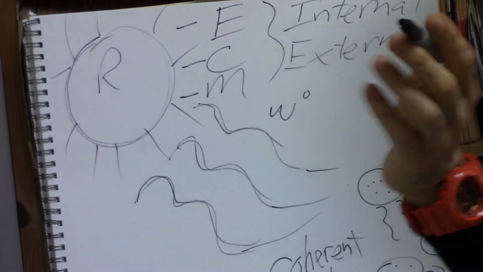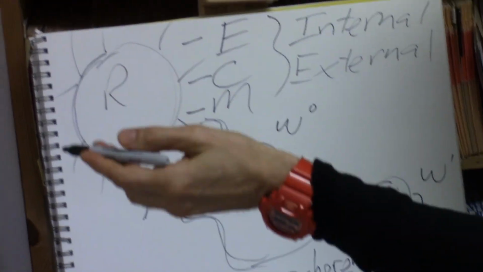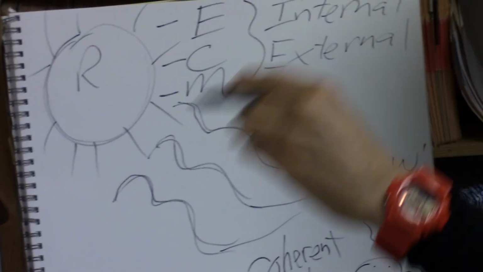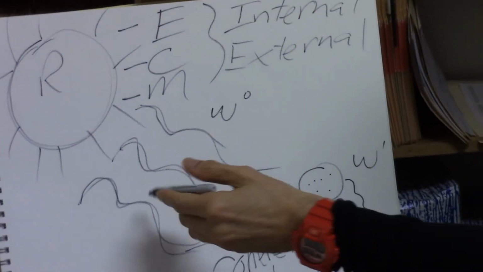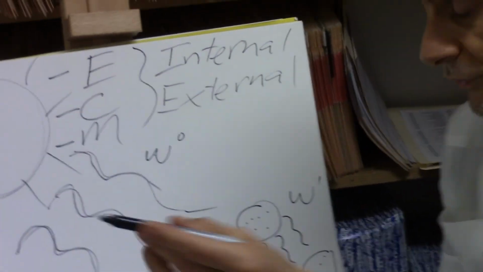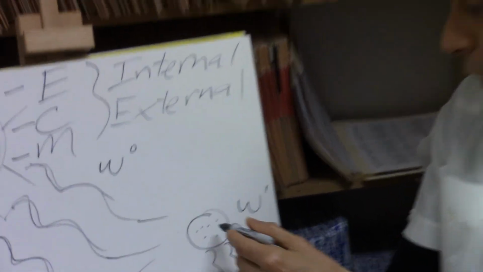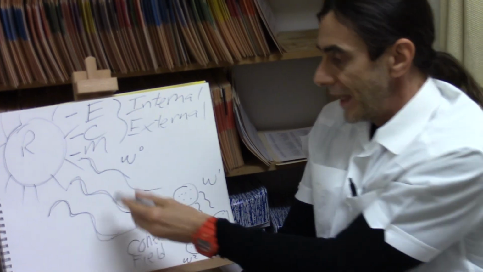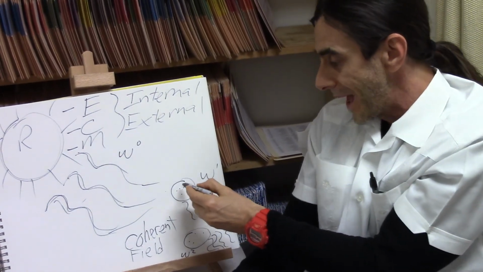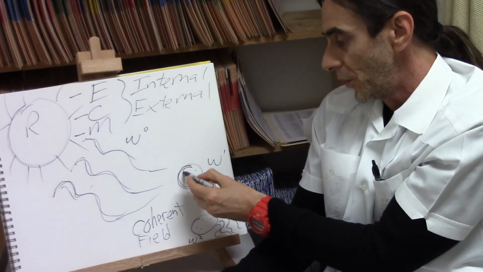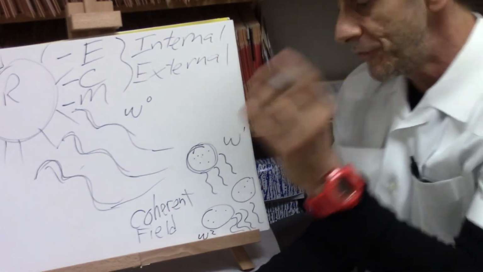Now remember, this is coming from either outside the body or inside the body and is being transmitted through the body. As it's being transmitted through the ether or through the tissues, and it's exposed to a community of cells, this waveform changes as it interacts with the first cell, changing the waveform.